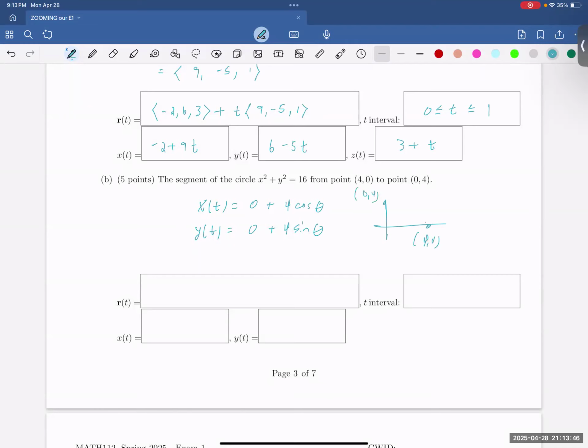So we're just doing a quarter's worth of circle. There we go. And it goes counterclockwise, which is the default direction.